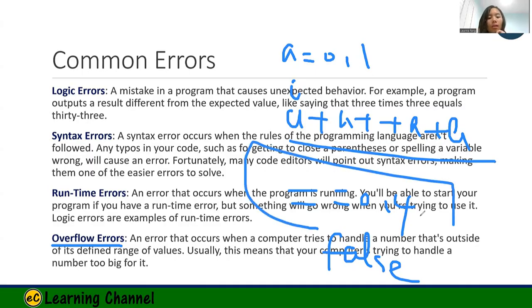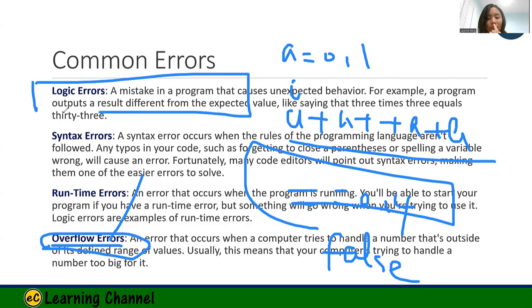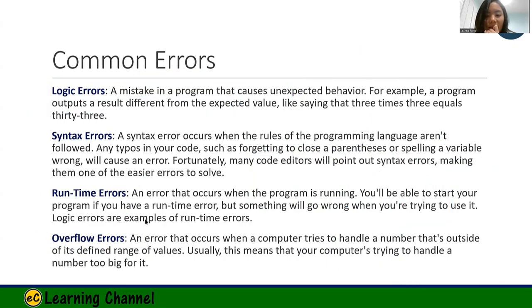But when you check it, it may not be true because you have an overflow error. When you do the calculation, it may be 0.39999. There's a small 1 bit error being created by the register. Is that okay so far? Yeah. So remember these 4 different types of errors, okay?